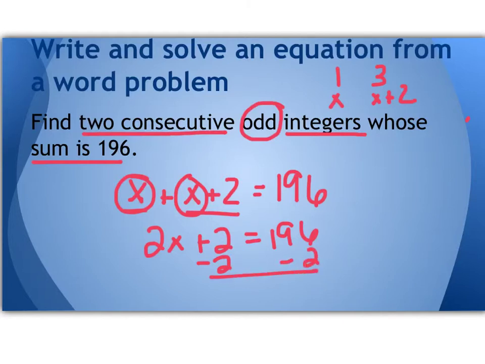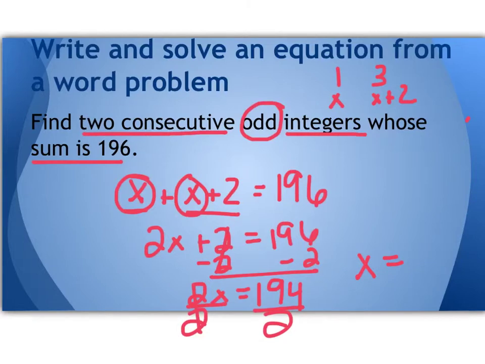Subtract 2. You have 2x equals 194. Divide by 2. x equals 97.